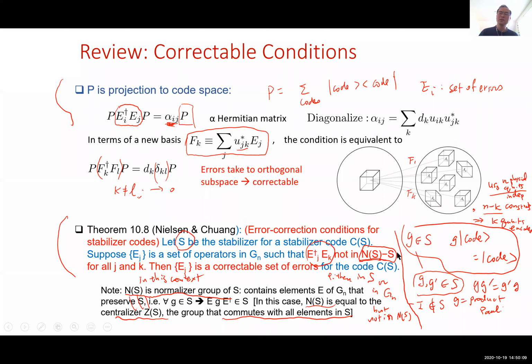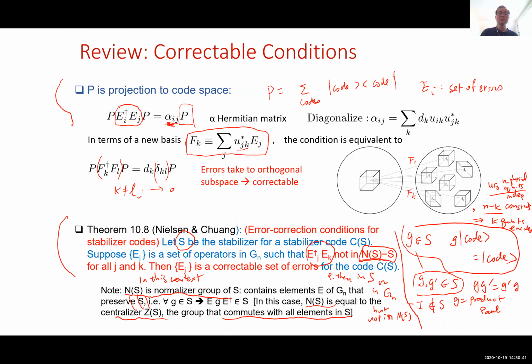If it's not in this set, then these errors are correctable. Okay. Because we are talking about very general conditions, it's formulated in a complicated way. But when you apply it to Shor's error correction code, you see how it's applied, and then you probably have a better feeling for these error correction conditions.